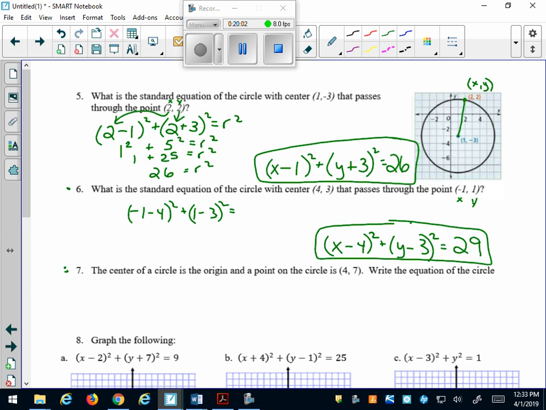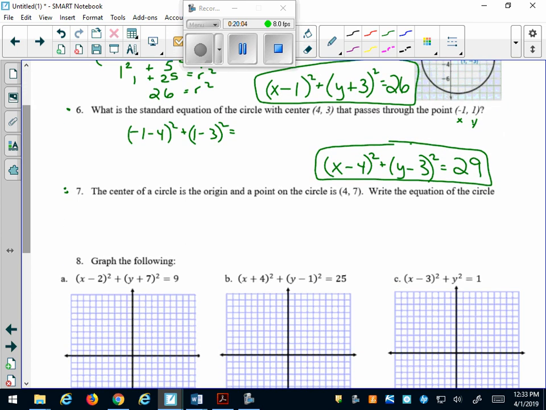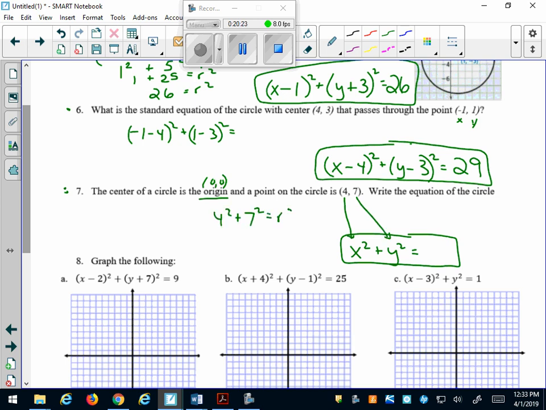For number 7, the center's at the origin. Remember, that's the point 0, 0. An equation with the center at the origin looks like x squared plus y squared equals r squared. So we're just going to plug in 4 for x and 7 for y. 4 squared plus 7 squared equals r squared, and this turns out to be 65. Any questions?